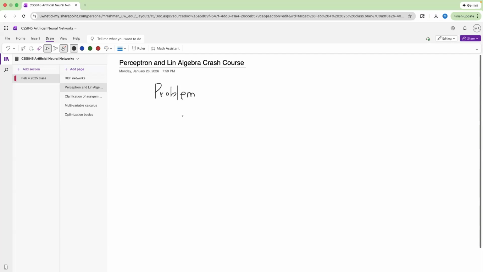We had inputs, an input which belongs in some space R^D, and then we had an output label, which can be plus or minus one.